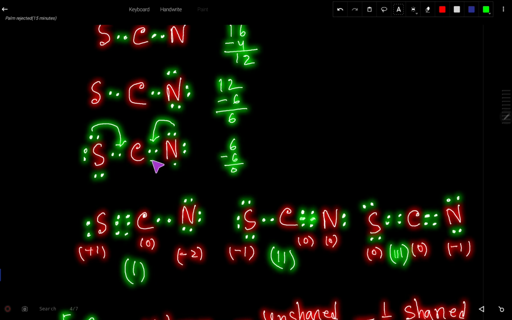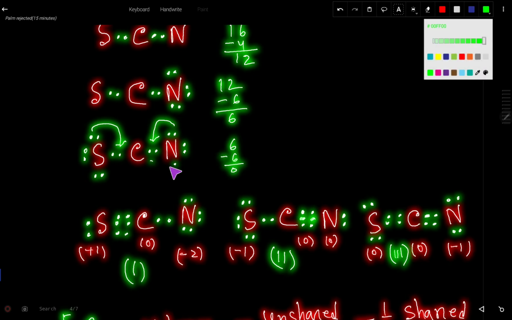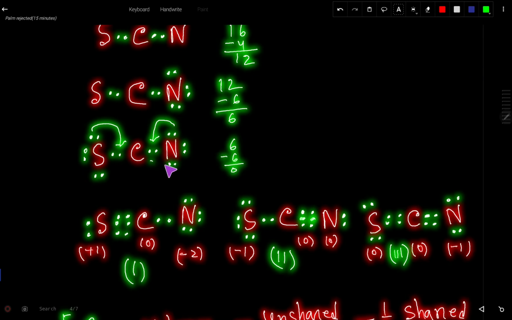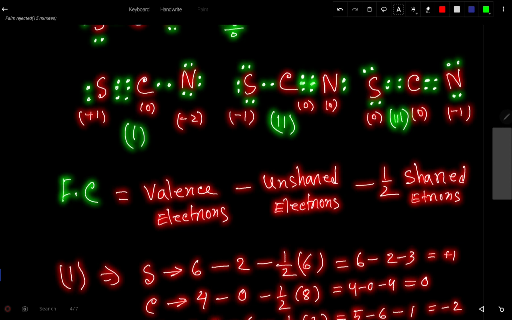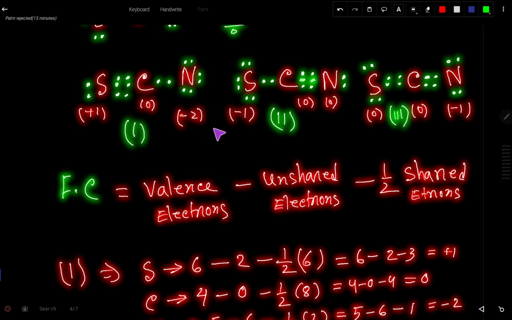Here we'll get a double bond, and here we will also get a double bond, right? Now we have to say which of these 3 structures is the best structure for SCN minus, that is the thiocyanate ion.